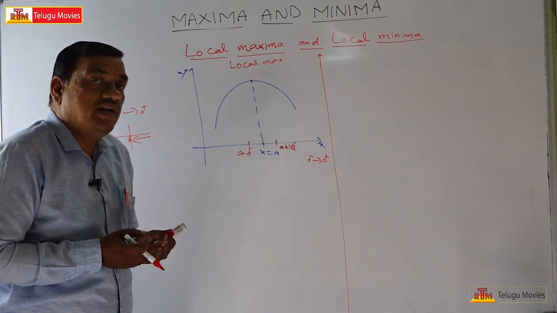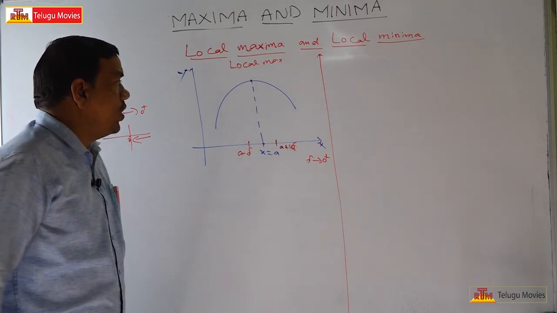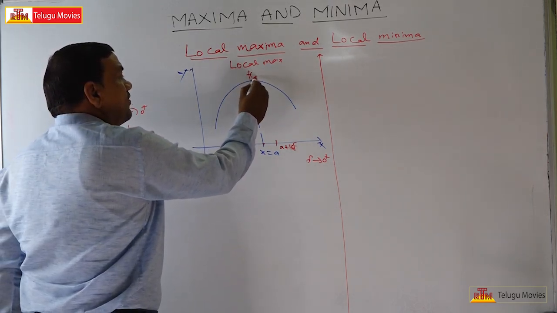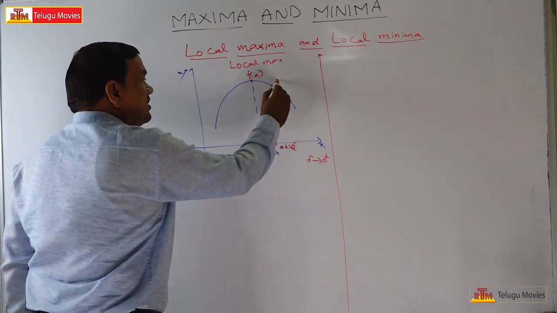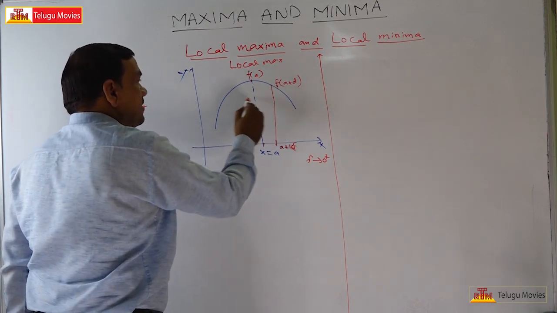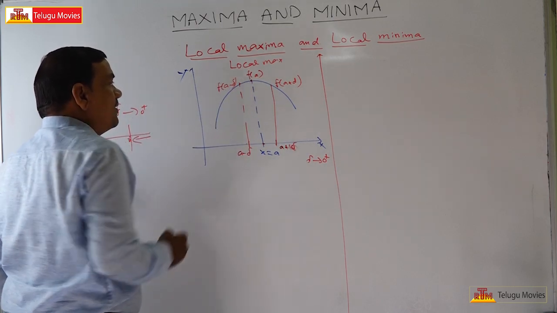To make you understand, I am drawing a little bit of distance. So this is f of a, this is f of a plus delta, and this is f of a minus delta.